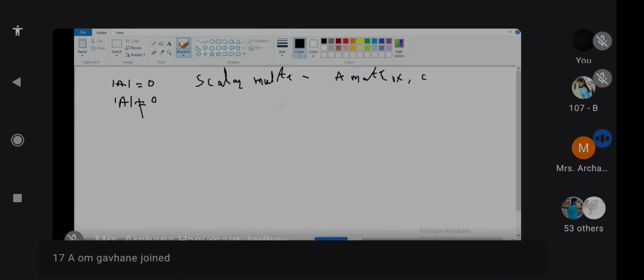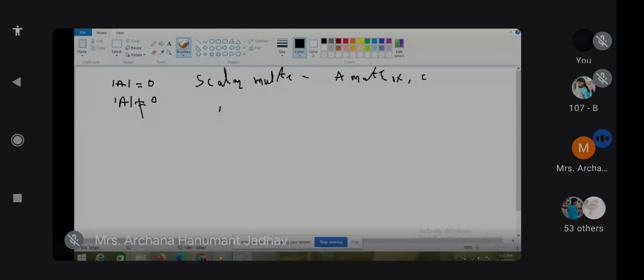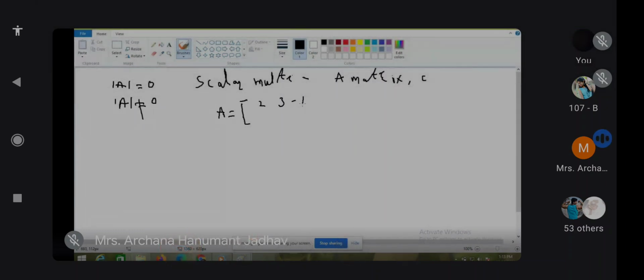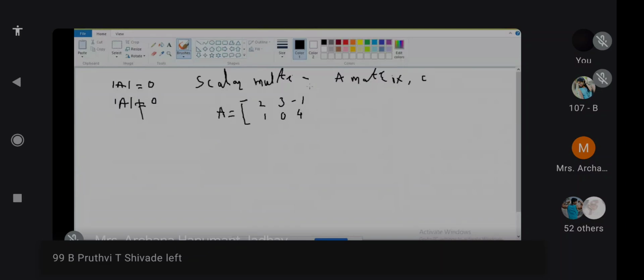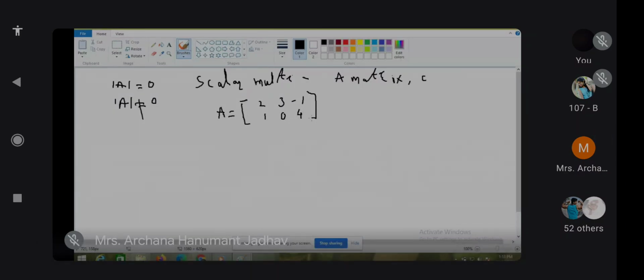So how to multiply? Suppose the matrix A is given, A is equal to, first row 2 3 minus 1, next row 1 0 4, and C is equal to 2.